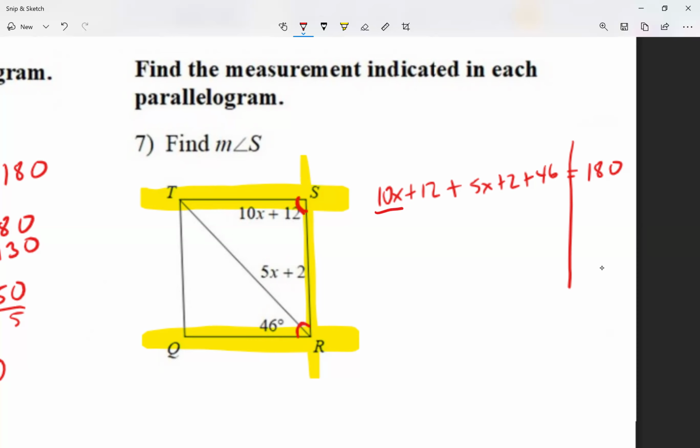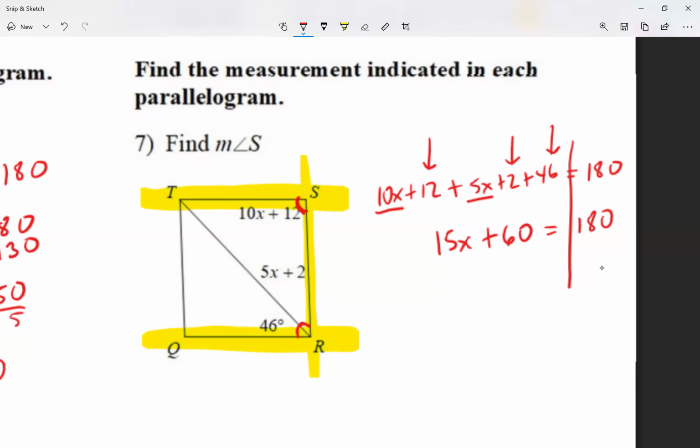So letter-wise, 10 plus 5 gives me 15x. 12 plus 2 plus 46, well, that's 60. So I have that 15x plus 60 is equal to 180.